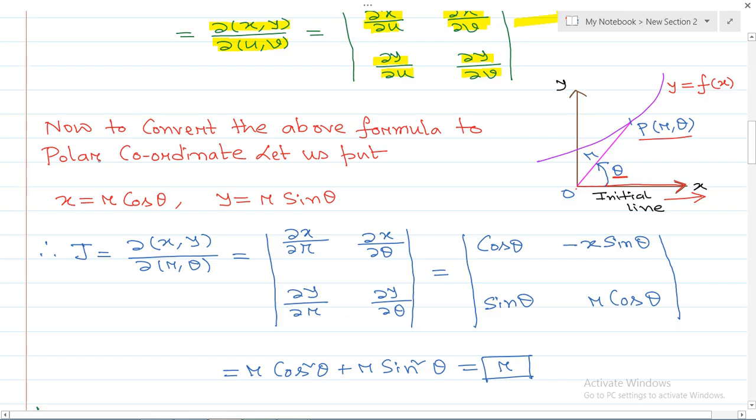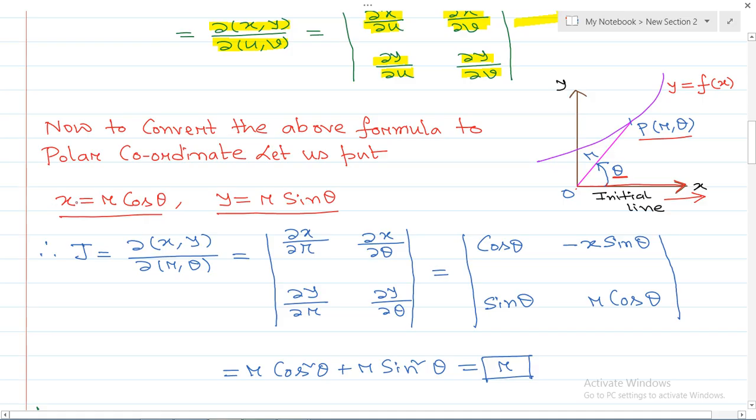Now if we want to convert the Cartesian form to the polar form, what we have to do is make the transformation as x equals r cos theta and y equals r sin theta. So here r is the distance from O to the point P, okay, and theta is the angle from the initial line to the distance r, that we can measure.